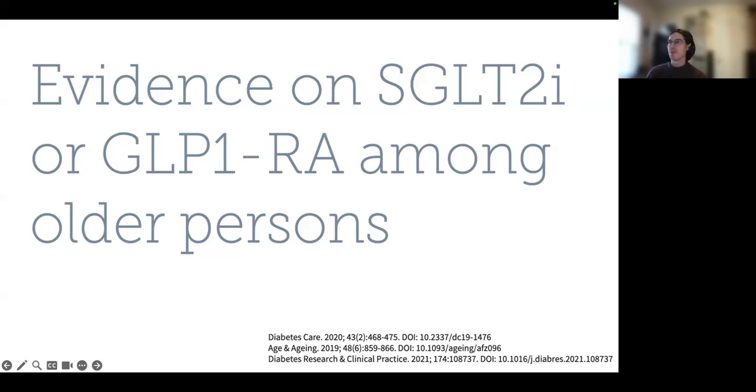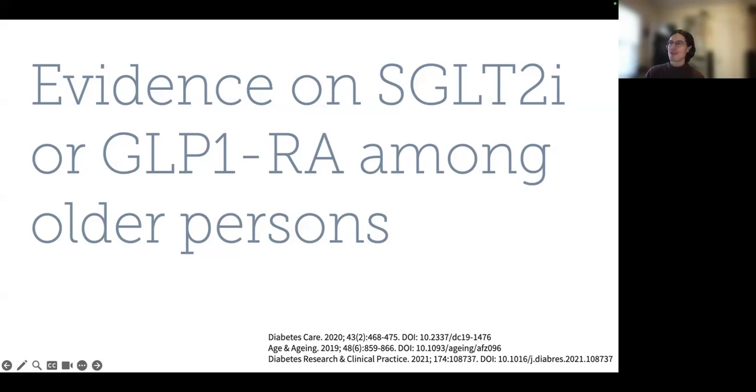And some even do this for people 75 years or older. And these reviews are typically concluding that SGLT2 inhibitors and GLP-1 receptor agonists have comparable efficacy and safety in older adults compared to younger adults. But we can reflect a little bit more carefully on that evidence and those conclusions.